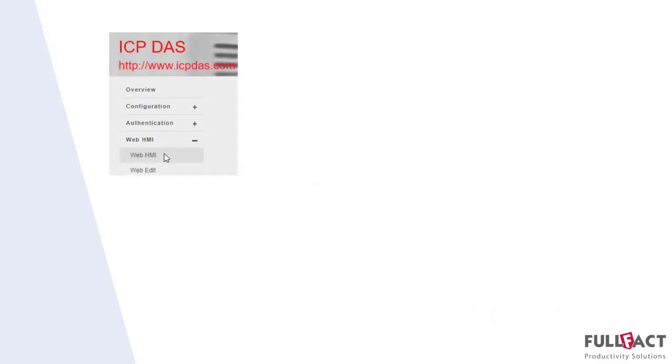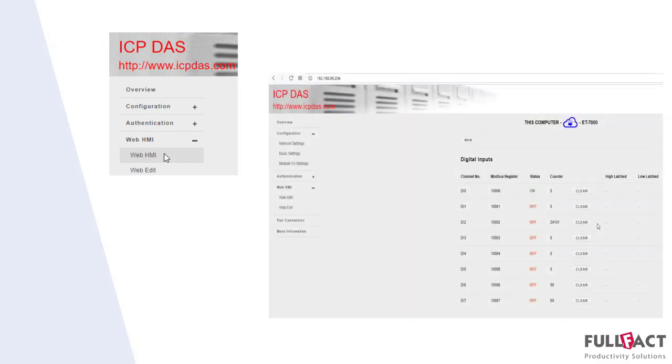Once you're signed in, the screen will appear. You have an overview, configuration, authentication. Configuration is the location where the network settings are defined, as well as the activity of your inputs. If you select on this screen the web HMI, then you have an overview of your digital inputs, starting at channel 0 up to channel 7, and you can check whether the digital inputs have a count.